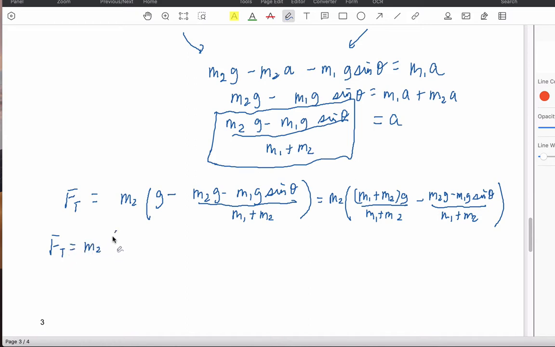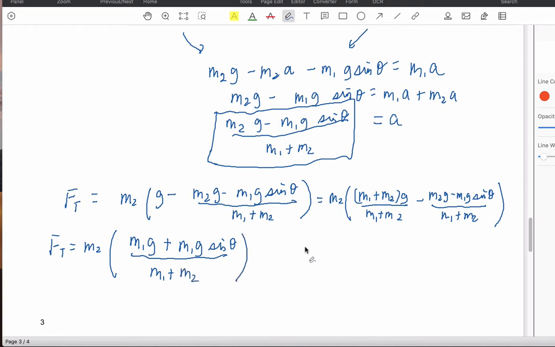m2 out here, and let's get things in a common denominator. So I'm going to end up getting m1g. m2g here cancels the m2g here, okay, plus m1g sine theta over m1 plus m2.